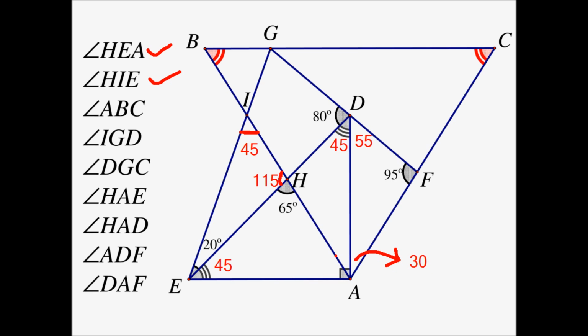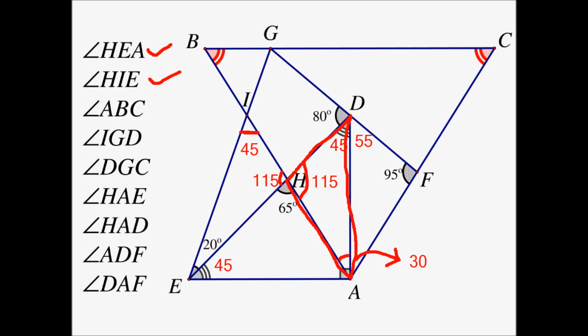How do we calculate this angle? This little angle here. Small angle. Which is not terribly difficult. If this is 115, this also has to be 115 because they're vertical angles. I'll label it like this. Has to be 115. Now look at this triangle.